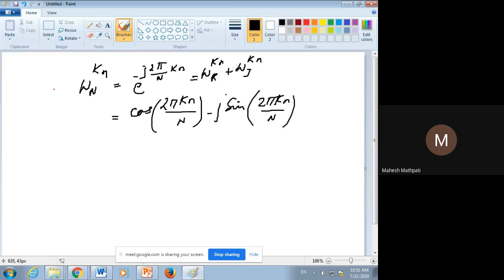It is simply a combination of the real part of the twiddle factor and the imaginary part of the twiddle factor. Now, if we compare the above equation with the below equation, then what can we write?